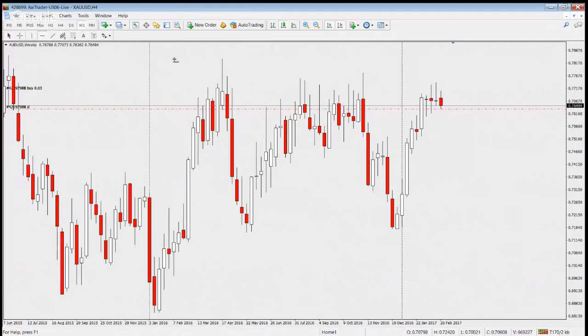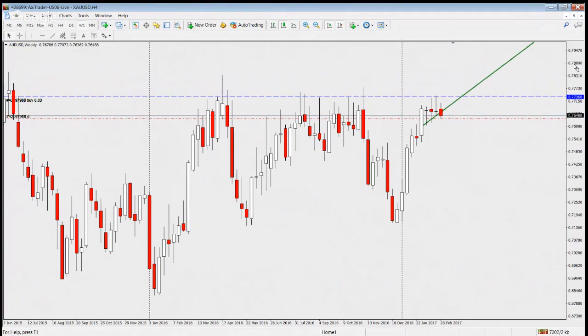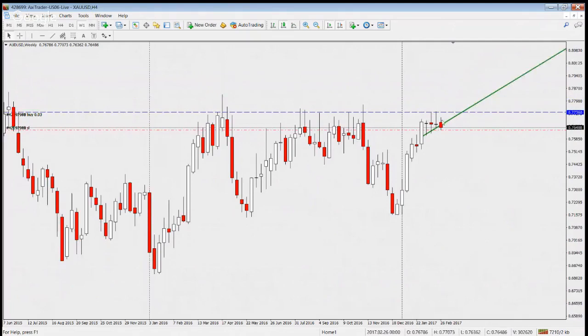Not only are a lot of retail traders short the Aussie, or at least they have been recently, I think it might have pulled back a bit, but this is actually a pretty bullish pattern to see all of these weekly candles hanging out up here at the top of this bullish one, especially when it's on a resistance zone like that. I know it sounds crazy. You wouldn't think that the Aussie would go higher, but that's actually a pretty bullish pattern. So it'll be interesting to see what happens.